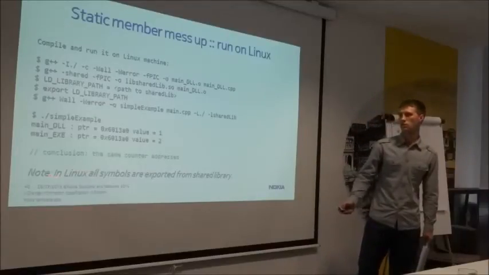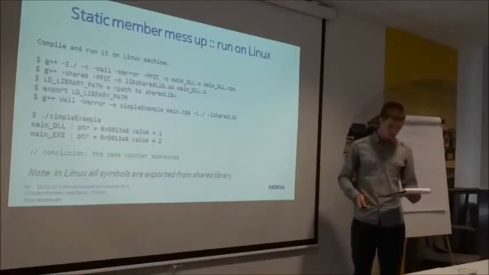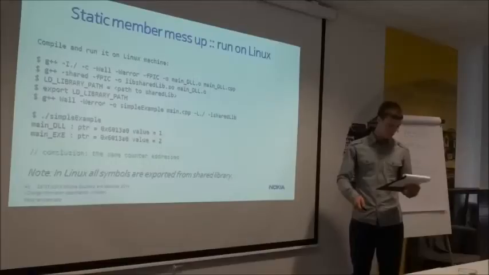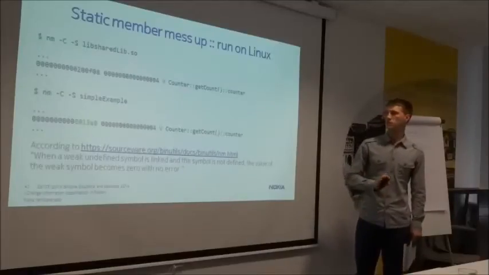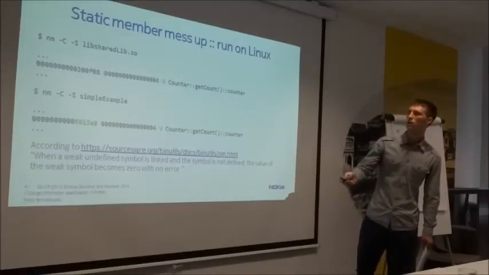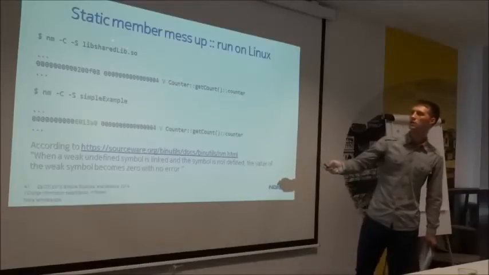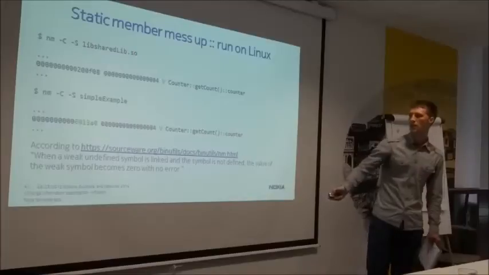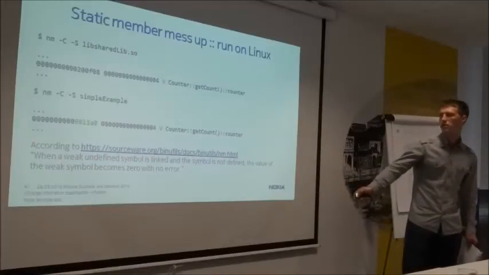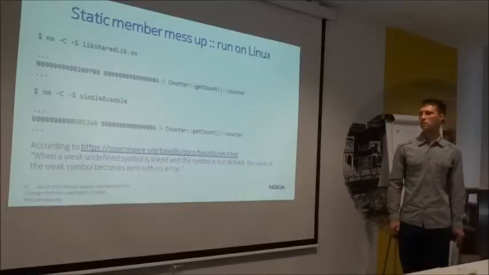We should also keep in mind that on Linux all symbols are exported automatically, right? But let's do a little bit of analysis once more using our nm tool. We see that for this counter in the shared library we have symbol V. According to the description, this is a weak symbol, and we can see that in the executable this counter is also a weak symbol.